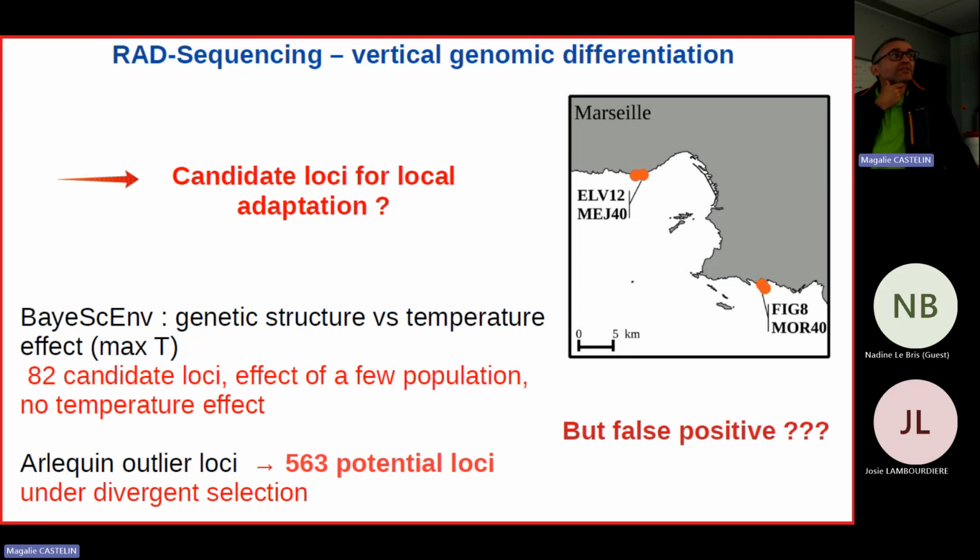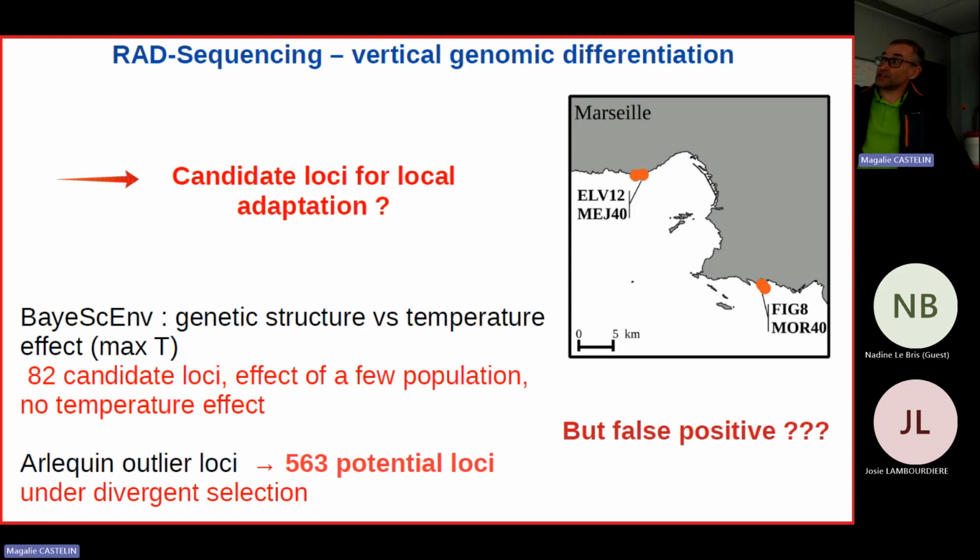So it's interesting, and it indicates that we possibly have some loci implicated in the adaptation to the different environments, but, and I won't go further on that now, that's something we still want to work on with Sarah also, there are possibly a lot of false positives.